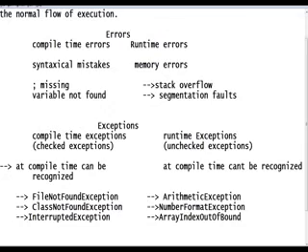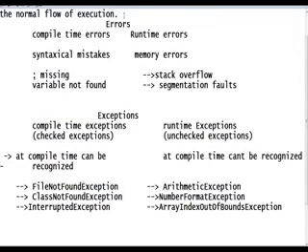These are different kinds of exceptions, right? Checked exceptions at compile time and runtime exceptions. See, at compile time, this can be recognized. This at compile time cannot be recognized, right?